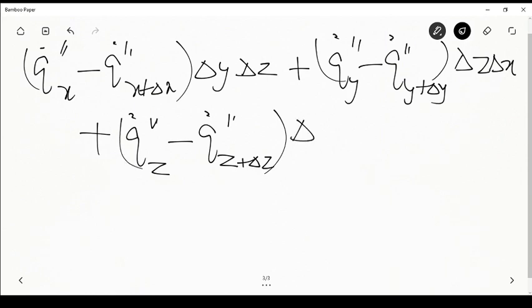This is going to be the right hand side of this equation while looking at only the heat fluxes.